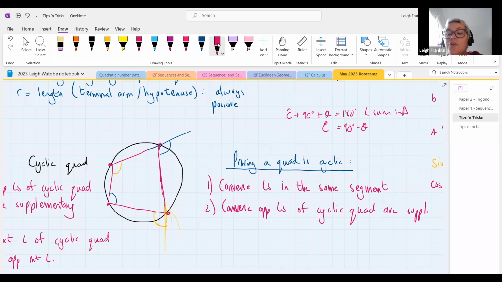And you are allowed to use the word cyclic quad because you've used the word converse. And the third way that you can prove that a quad is cyclic is converse exterior angle of cyclic quad.